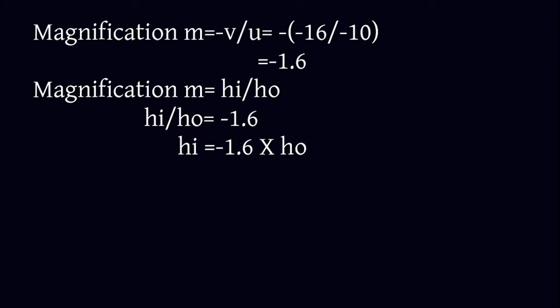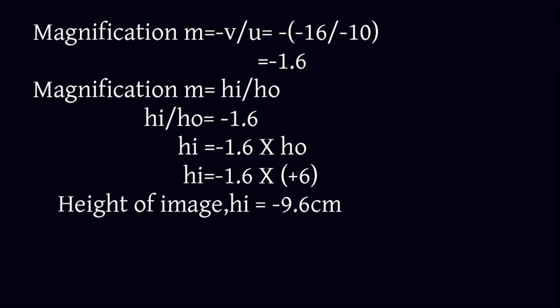Then we want to find out hi, that is hi is equal to minus 1.6 into ho, that is hi is equal to minus 1.6 into plus 6, that is minus 9.6 centimeter. That means the height of the image hi is equal to minus 9.6 centimeter, that is downwards.